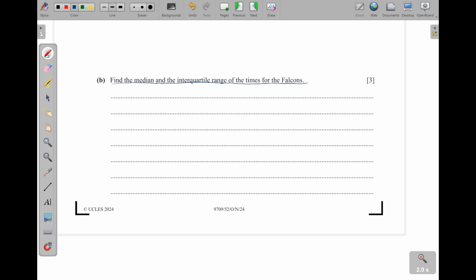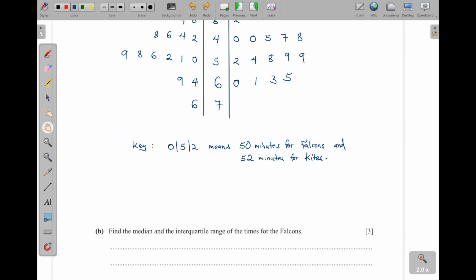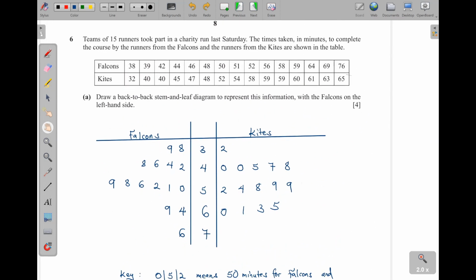Now, when we check these values, how many values do we have here? They told us already 15 members. So if there are 15, when it comes to the median, I'm going to cross, and then I remain with one number in the middle. Since we are looking for the ones of Falcons, now you can see I can even just cross from here.